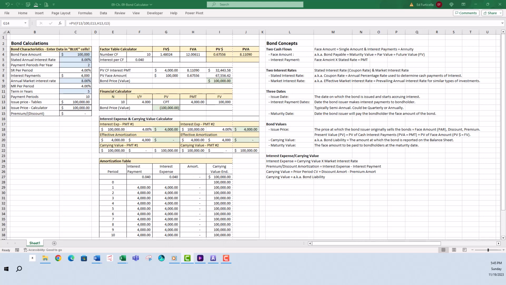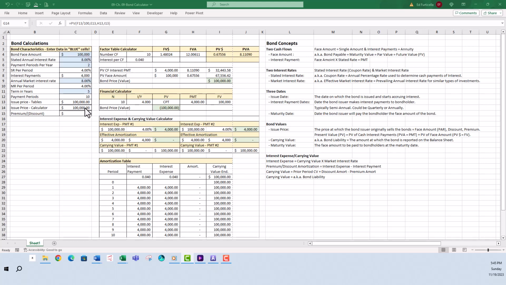One more example. Let's assume that the market interest rate is the same as the stated rate. Whenever the stated rate and the market rate are equal, the bond will sell at its face amount. This bond will either be called a face value bond or a par value bond.